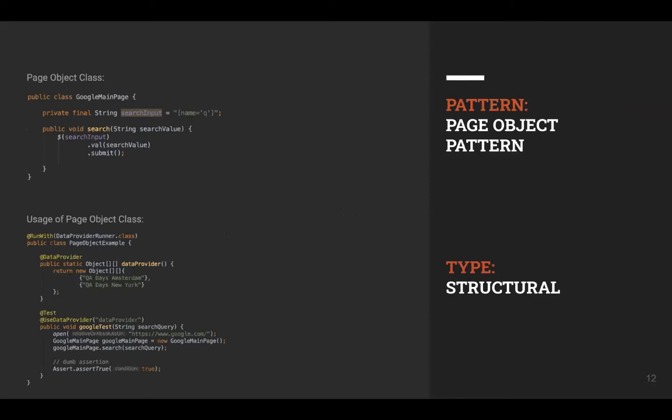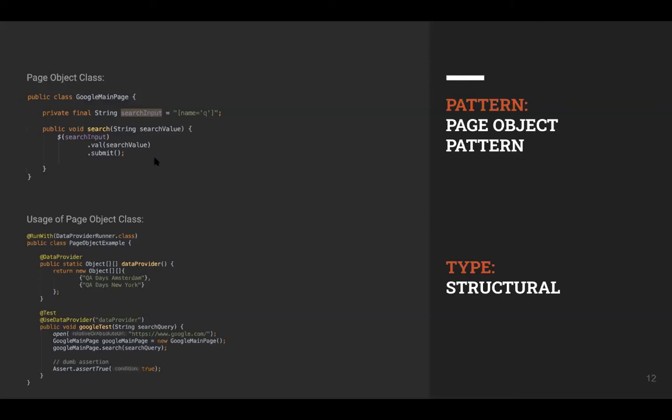So the idea is that you can describe the elements and actions on your page, whether a web page or a mobile page, as an object, as a class. For creating these objects, you're using abstraction. It's one of the main principles of object-oriented programming. And there are a few tips on how to use it.